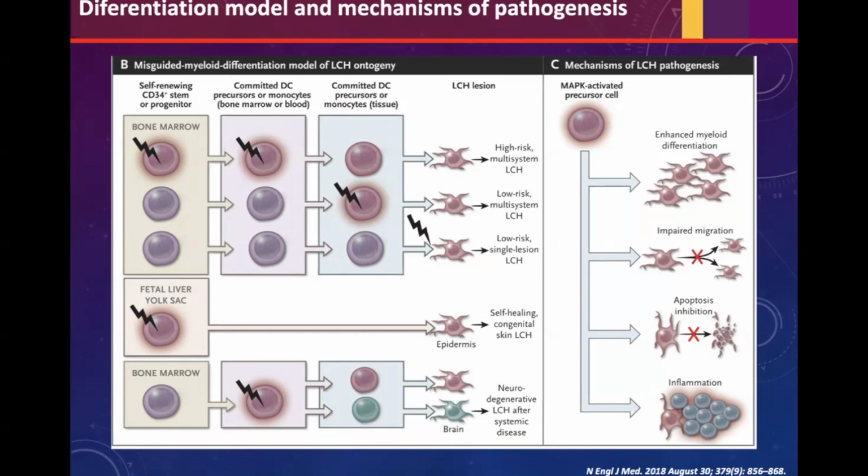Under normal conditions, Langerhans cell precursors arise from yolk sac progenitors or fetal liver monocytes that seed the epidermis and are maintained locally by radioresistant epidermal Langerhans cell precursors in the steady state.